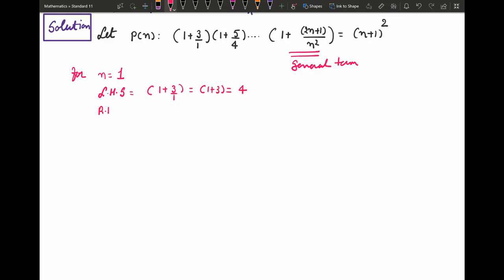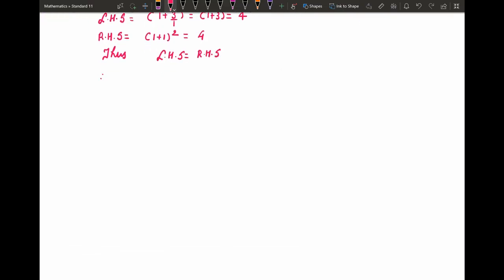While RHS, right hand side, take n equal to 1, 1 plus 1 whole square, so it is 2 square, 4. So thus LHS equal to RHS, and therefore P of 1 is true.